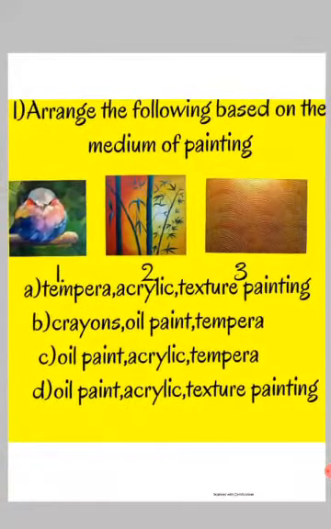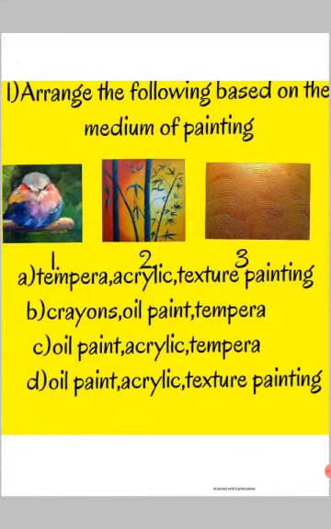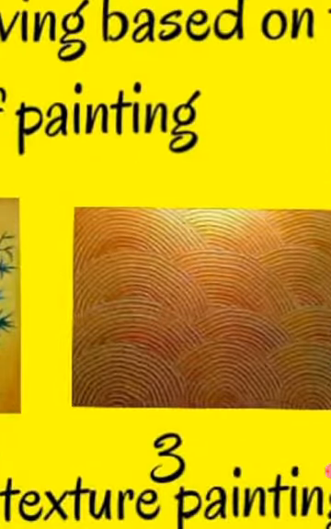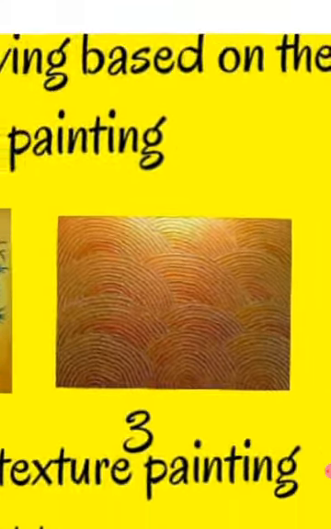Tempera is a different painting in which we use egg membranes as the medium of paint. So that's with the first question. So the correct option is D. First one oil paint, second one acrylic, and third one texture painting. You will feel that texture in that.